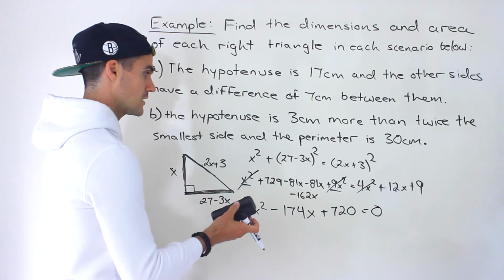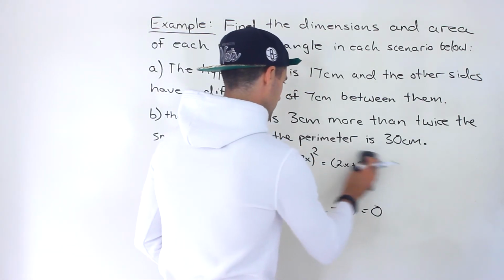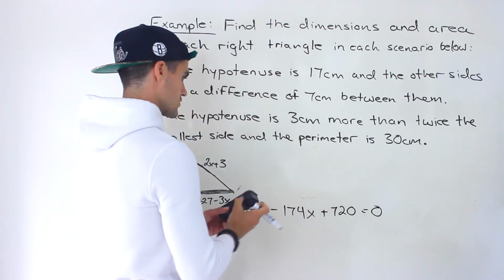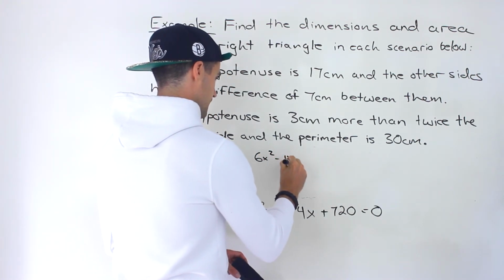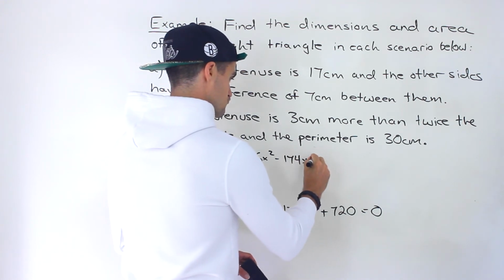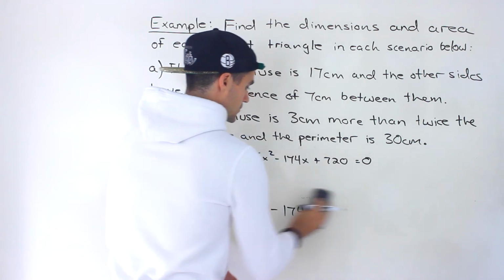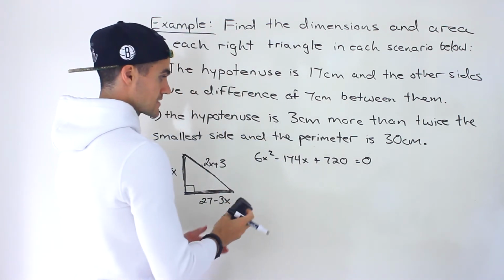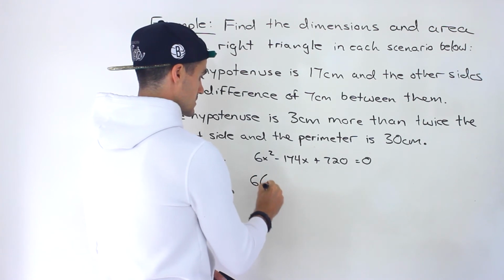Okay, and so from here, let me erase this and I'll just write this quadratic equation up here. Like that. And basically, we just have to, like the last one, factor this left side. Notice we could take out a 6.